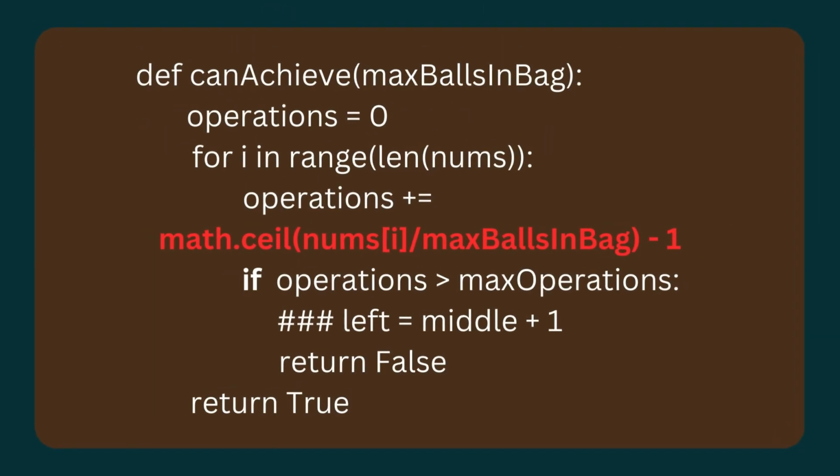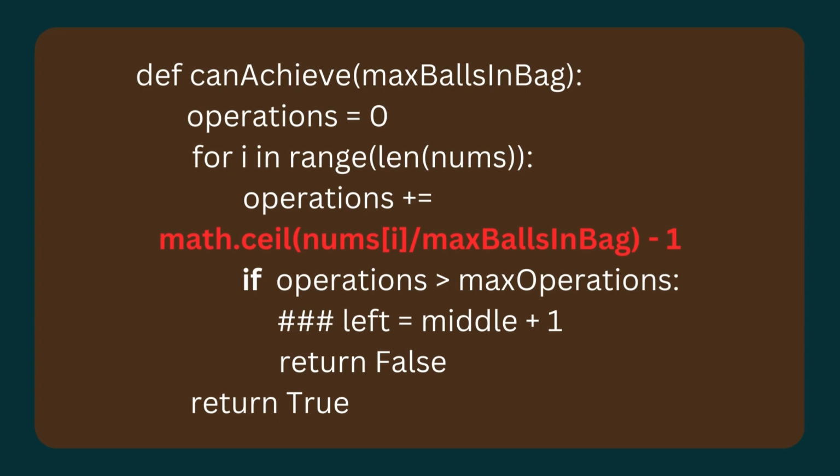In this can achieve function, we will send maximum balls in bag as parameter. Then we will initialize operations as 0. Then we run a for loop for i in range length of nums as n. Now we will add to operations the ceil function, math.ceil of nums of i divided by max balls in bag, minus 1.